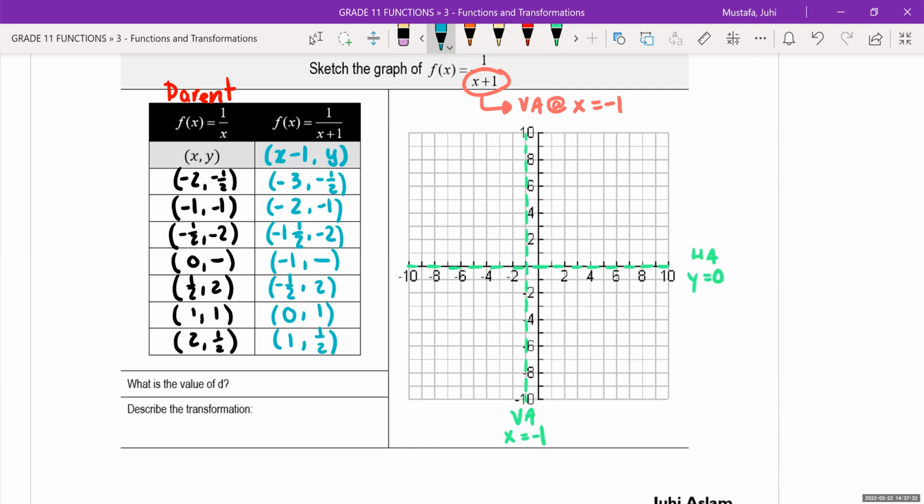We're going to graph really carefully, -3, -1/2, -2, -1, -1.5, -1/2, 2, 0, 1, 1, 1/2.